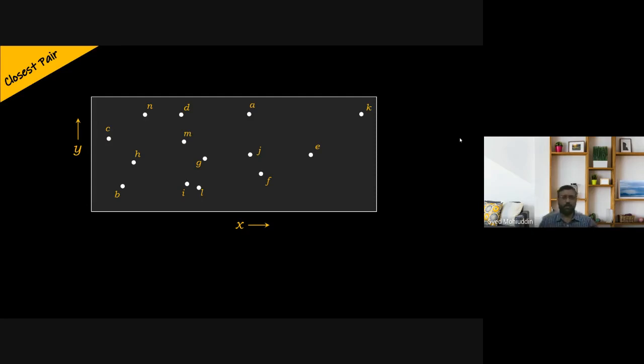So for n points, with each iteration you take a point and find the distance with n points, and the time complexity of the brute force approach would be n squared. That is the brute force way of computing the closest pair. And obviously, O of n squared is not that efficient.